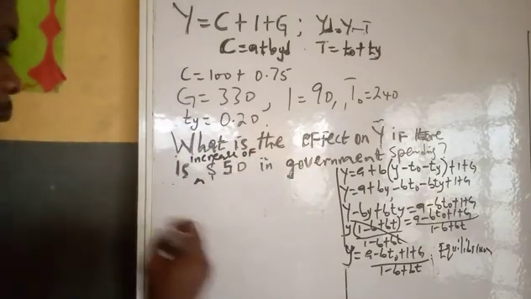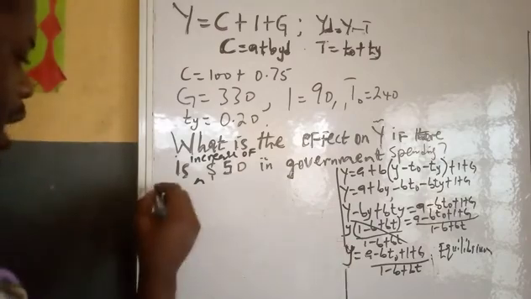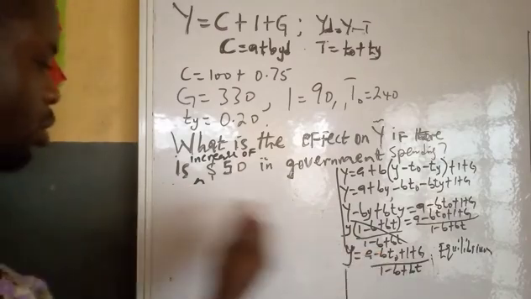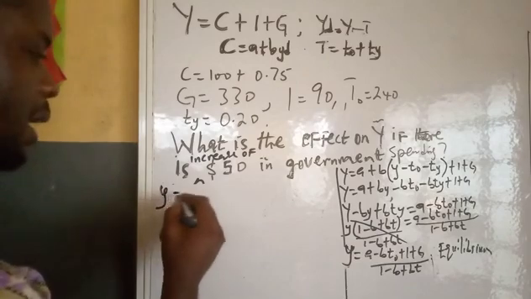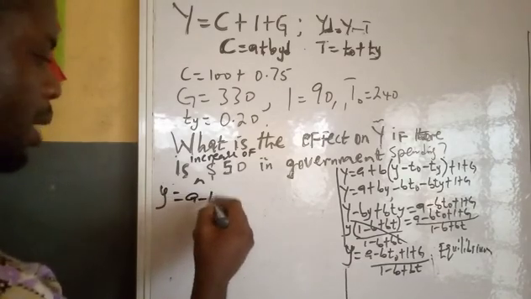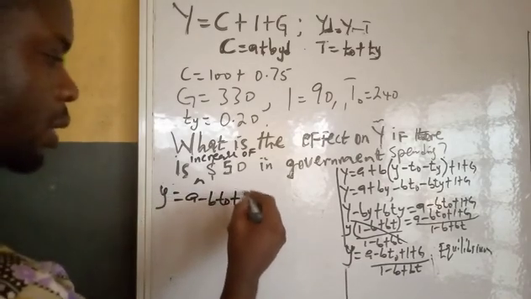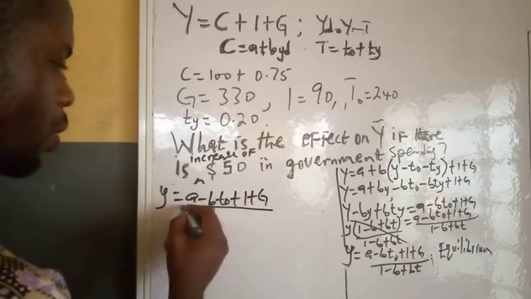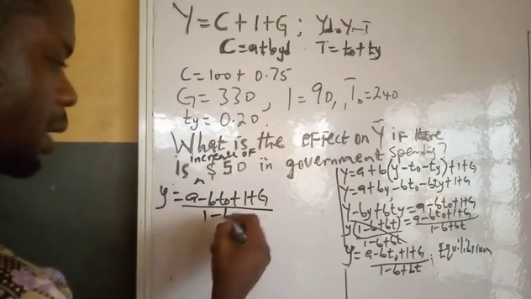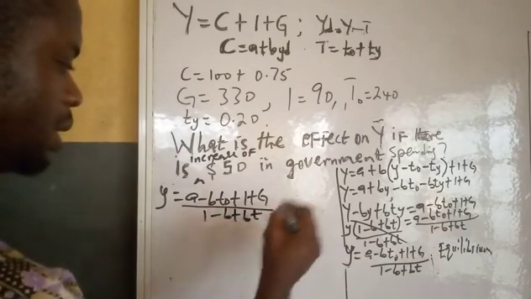So, let me write the equilibrium here. We are going to derive it from here. So, we have Y equals A minus bT naught plus I plus G over 1 minus b plus bt.